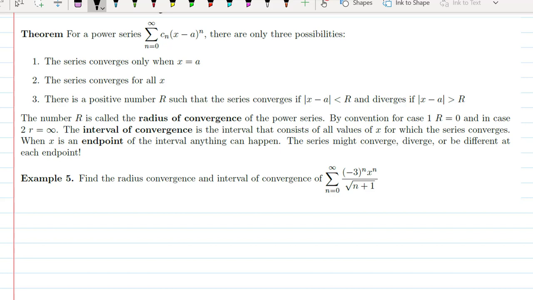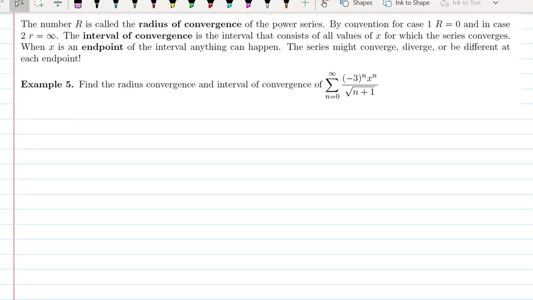The interval of convergence is the interval that consists of all values of x for which the series converges. When x is an endpoint of the interval, anything can happen. The series might converge, diverge, or be different at each endpoint. So we've kind of seen some examples of all of these, but this is our theorem that ties all of those things together. So let's put all of them together in the context of this problem.